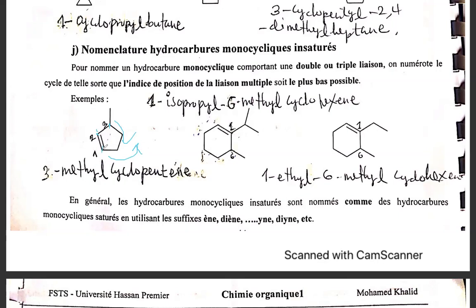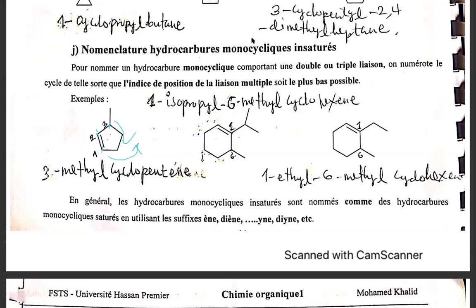If you count in this direction, say 1, 2, 3, you are going to have the lowest indices possible. Now, we are saying we're supposed to count from the double liaison. If you count from the other position, in this direction, this alkyl group will have an index of 5. When you compare 3 to 5, you find that 3 is less than 5.